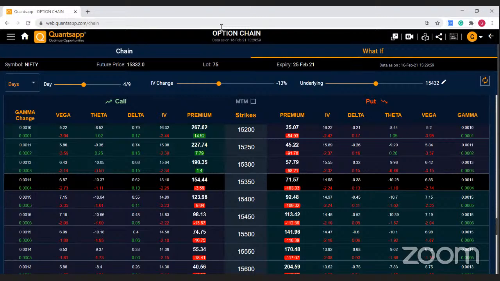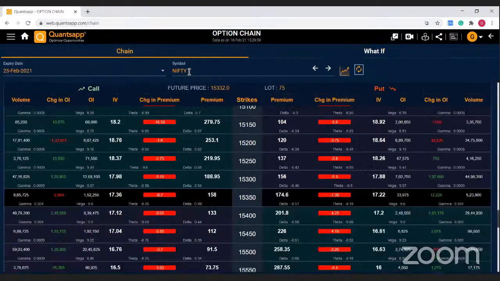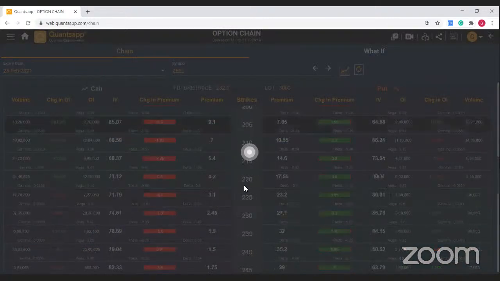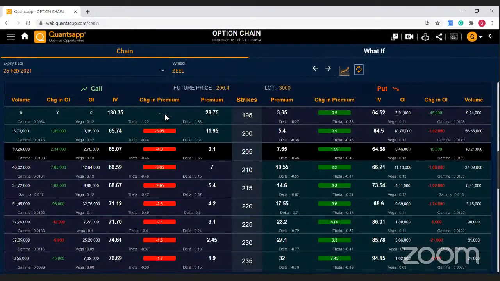So we're going to take the example of Z, and I think that will clear most of the things again. What we have to do is go to chain, select Z. So this is the tool, the option chain, where I'm taking my expiry, my stock, and here I can see the call option and the put option.